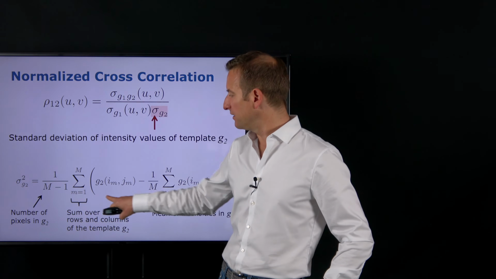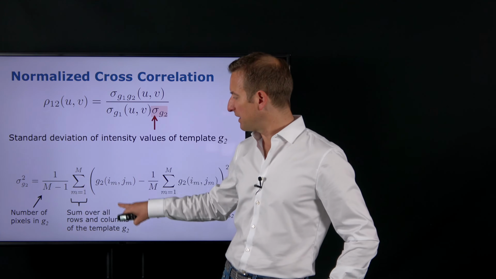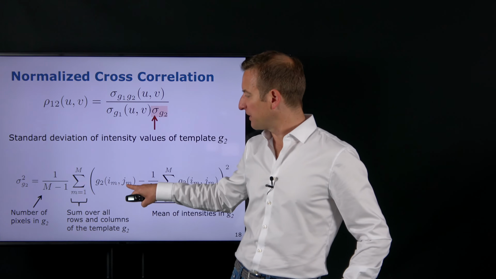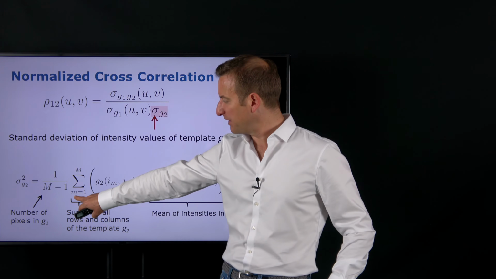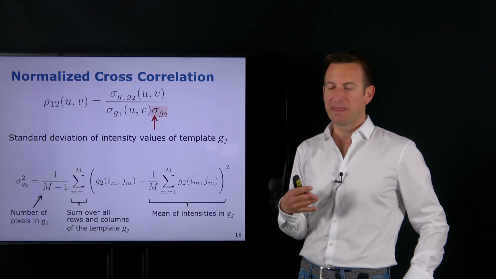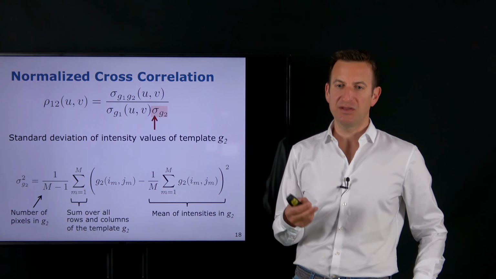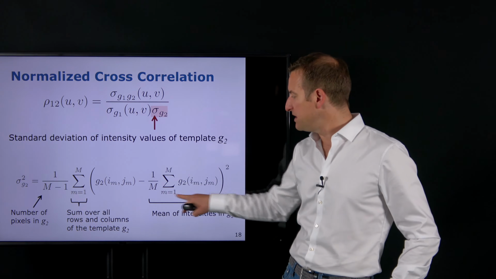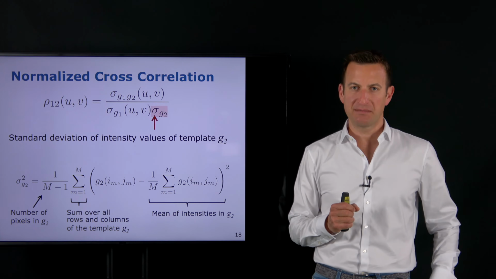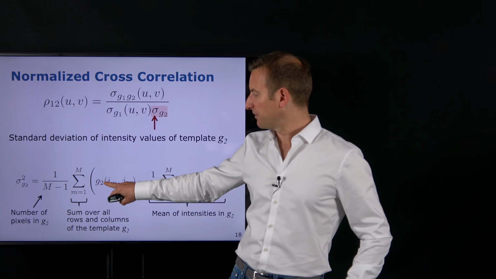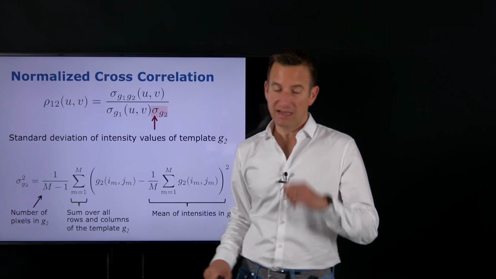And then I'm taking the actual intensity value of that template, and this subscript m means I'm mapping this index from 1 to M to the corresponding x and y values in that template. What I'm subtracting from this is the mean intensity value over my template. So I'm computing the mean intensity value of my template, then subtracting that one from the actual intensity value.